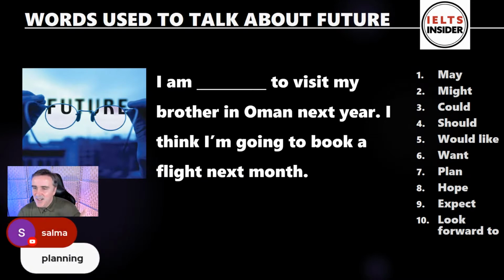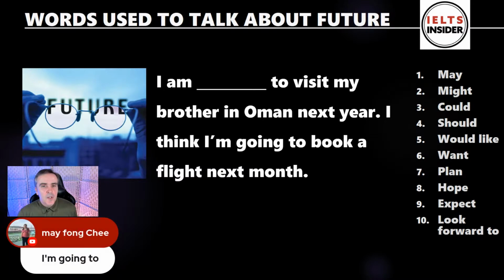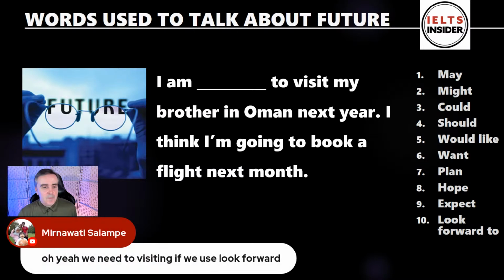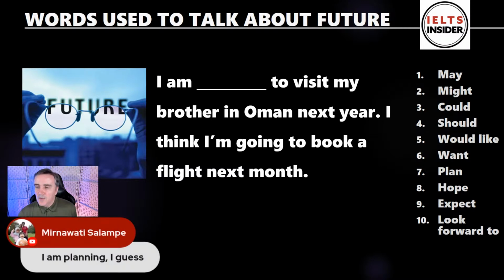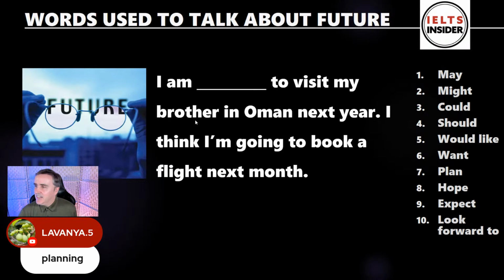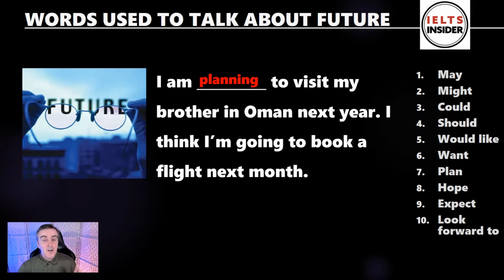Sleepwalker, planning. We've got it here. Now, I am going to is not one of our choices there. This is possible, but it wasn't one of the choices. We need visiting if we're using look forward to. I am planning. Great. So here we've got, I am planning to visit my brother in Oman next year.